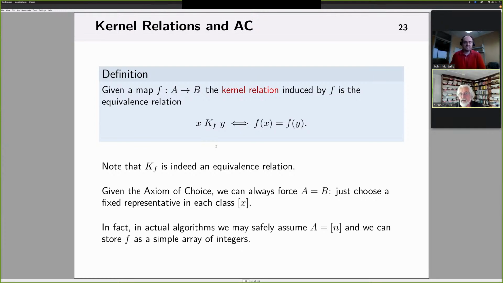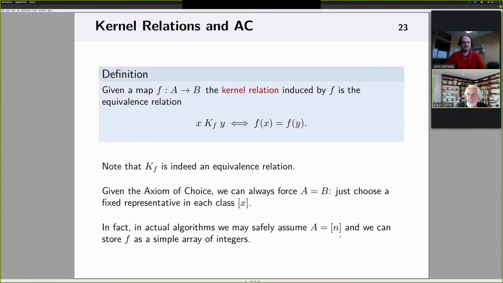But of course, for us, we don't care about abstruse sets that have no real tangible description. For us, the objects that we're ultimately mostly interested in for algorithms are just natural numbers. This is a slight exaggeration, but not much. Really, we can always enumerate things. So in some sense, whatever the objects are that you're dealing with, they're just numbers 1, 2, 3 up to n.